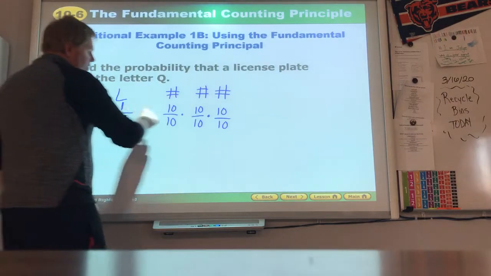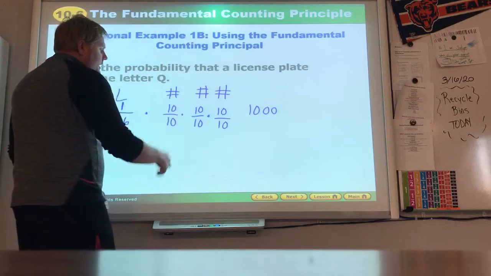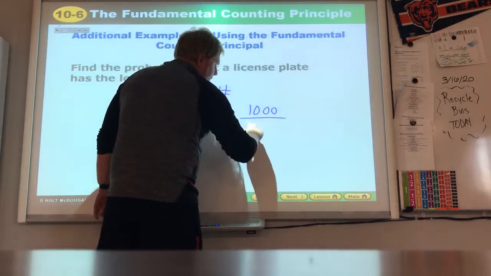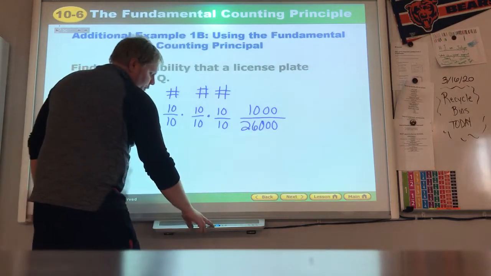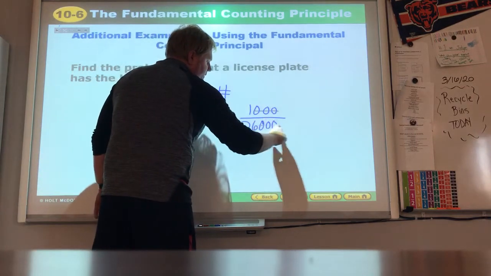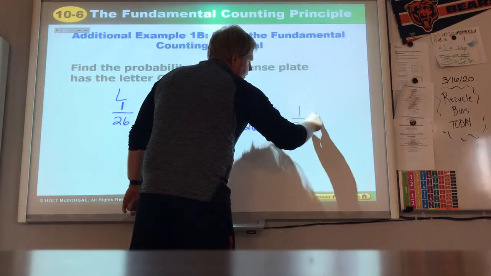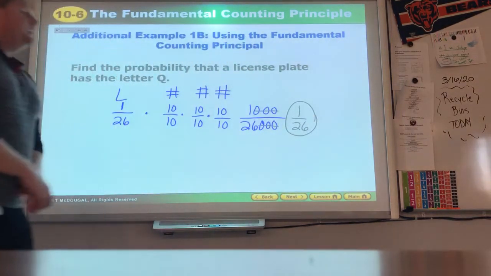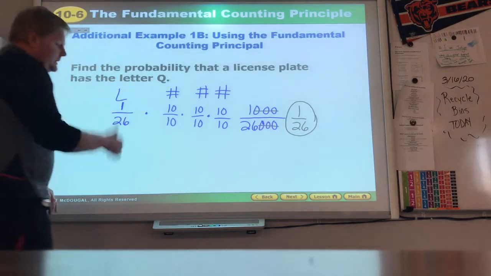So we do our multiplication: 1,000 on the top, because 1 times 10 times 10 times 10, and 26,000 on the bottom. Divide by 1,000, divide by 1,000. Our chance is 1 in 26 of getting a license plate with a letter Q on it. Let's see if we're correct.